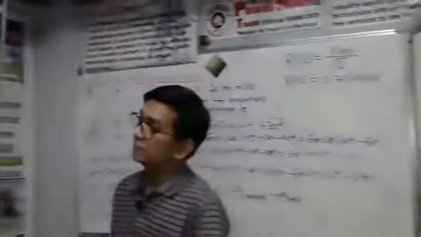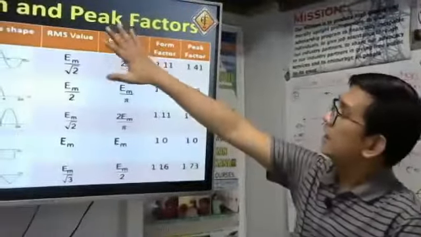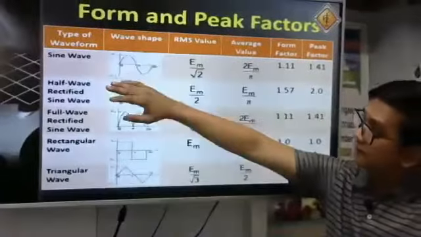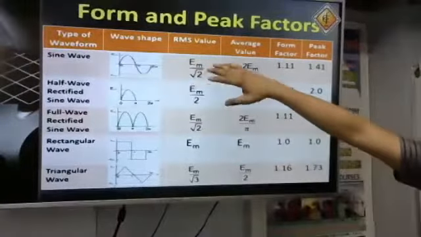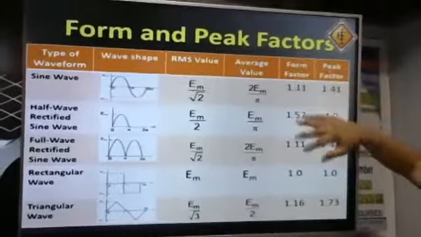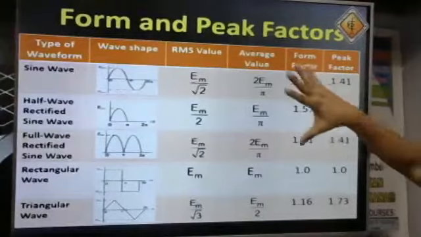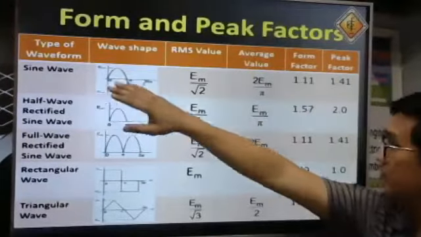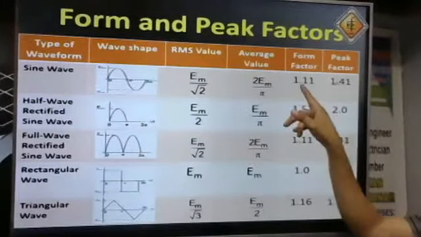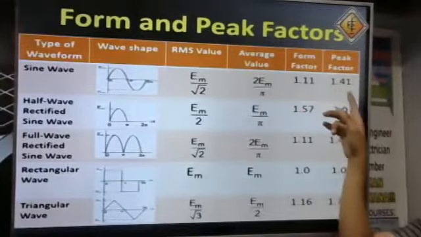This is the summary of the waveform shape, RMS value, average, form factor, then the peak factor. For the sine wave, we already got the form factor, 1.11, and 1.41 earlier.